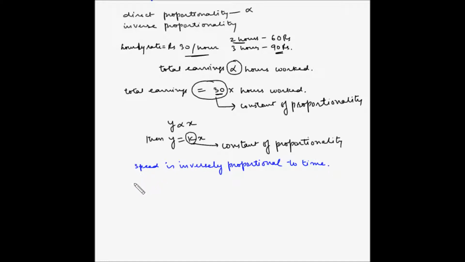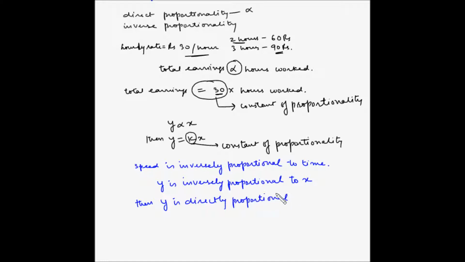So for two variables y and x, let's say y is inversely proportional to x. So if y is inversely proportional to x, then y is directly proportional to 1 by x.